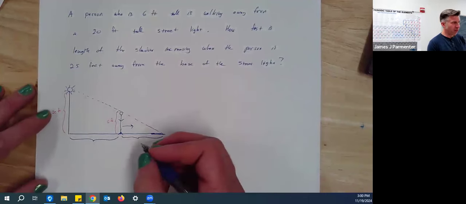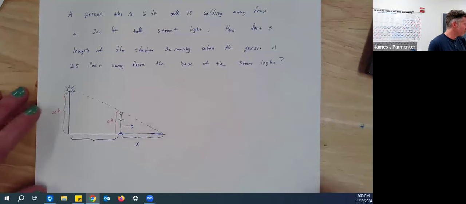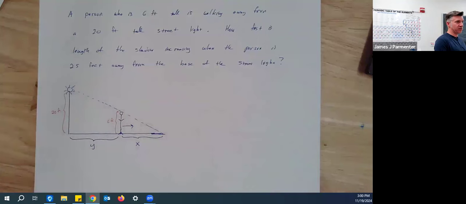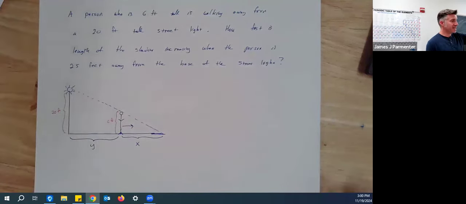I would typically call the thing that I'm trying to find the rate of change of x, although it doesn't really matter what you call what, and call this other one y. Any variable letters you like are perfectly acceptable, as long as you label things appropriately. You can call them a and b or z and r or whatever. So we want to find dx/dt, the rate at which the length of the shadow is increasing.